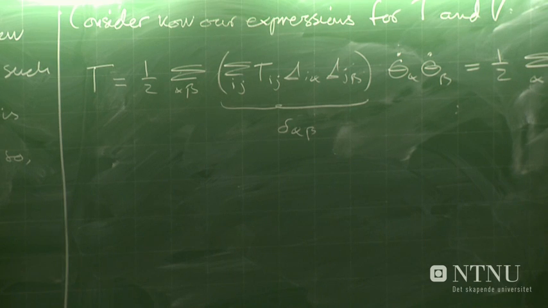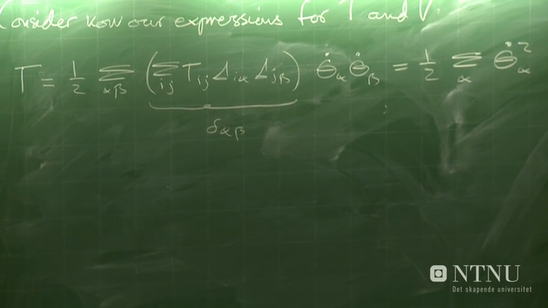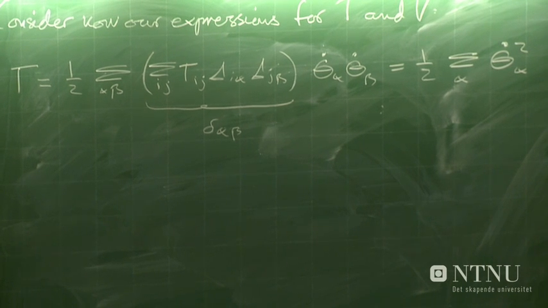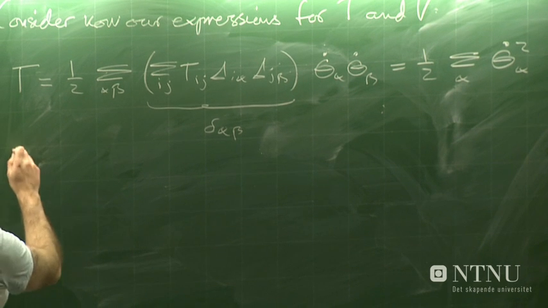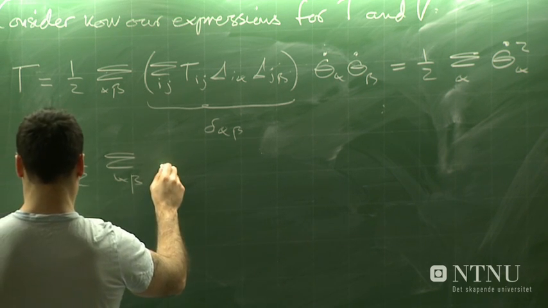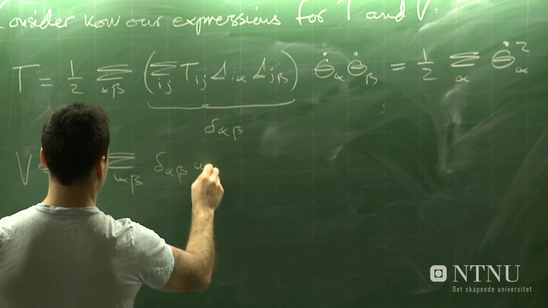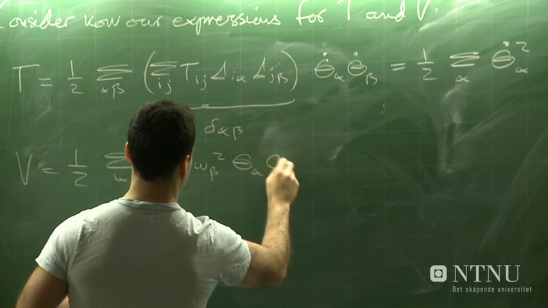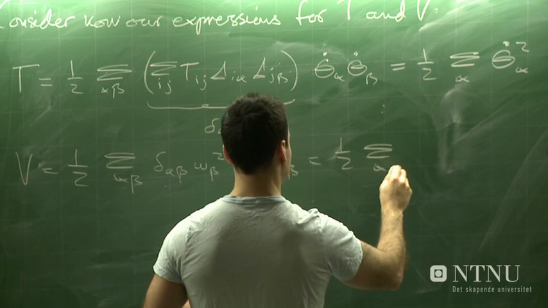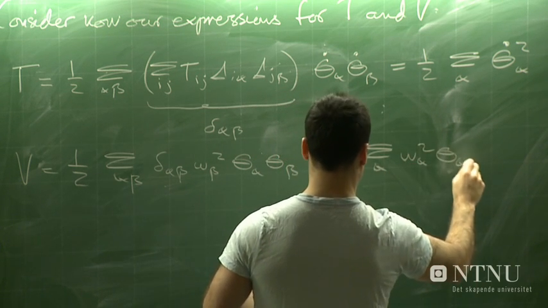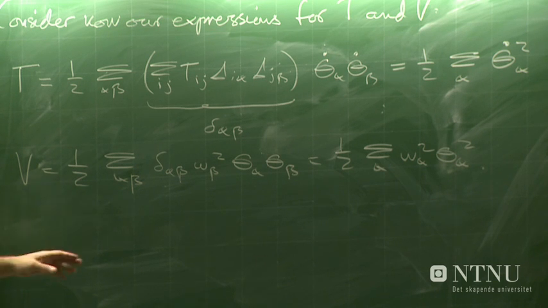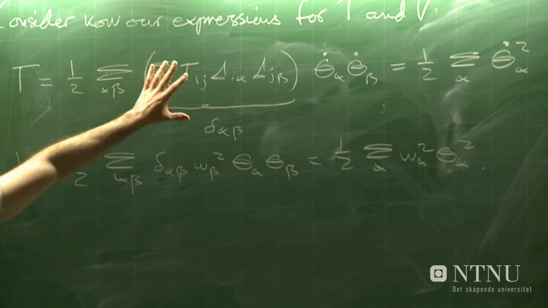It's simply the sum over all modes of the square of the time derivative of the normalized coordinate, normal mode. Similarly, we get the following for the potential energy, where I've just now immediately substituted delta alpha beta for this sum here.